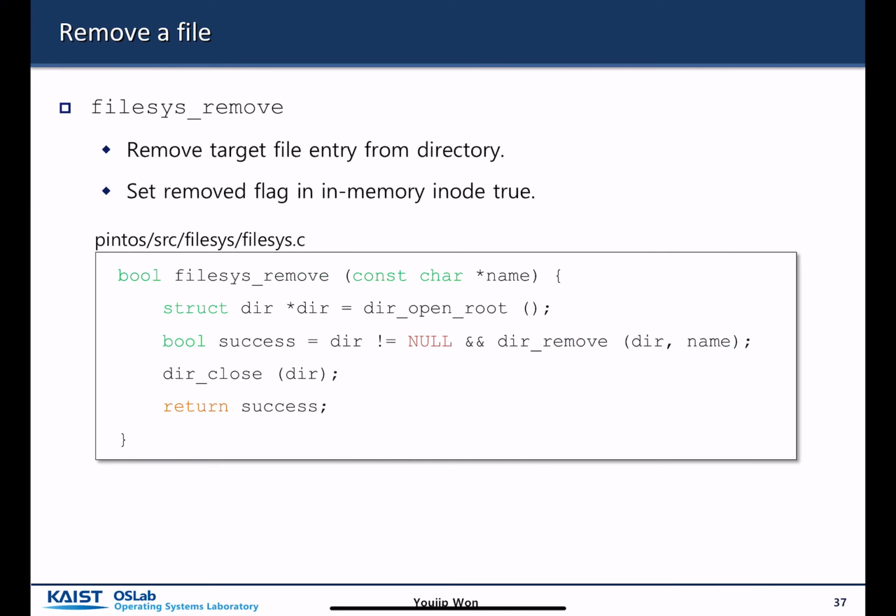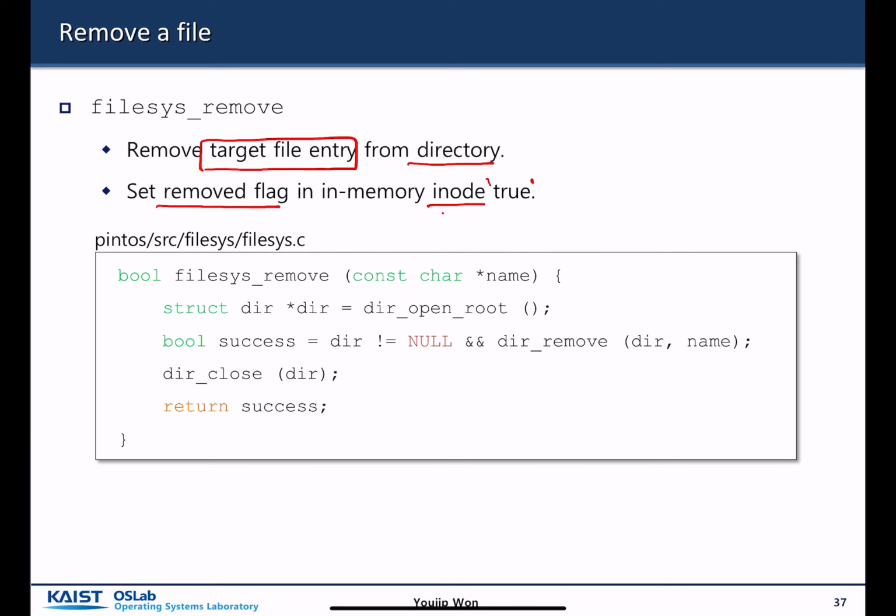And let's look at the actual code. So it does two things. First, it removes the target file entry from the directory, and then it sets the removed flag of the inode to true. So that's basically the two things it has to do.